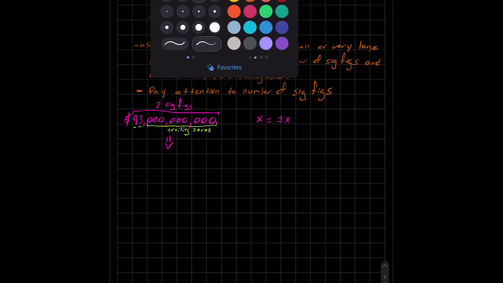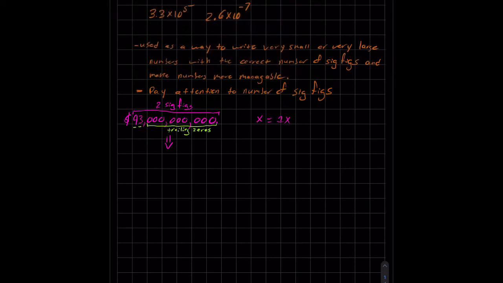Let's go with a red there. So we're going to go 1, 2, 3, 4, 5, 6, 7, 8, 9, 10. So what this number actually turns out to be is 9.3 times 10 to the 10th.